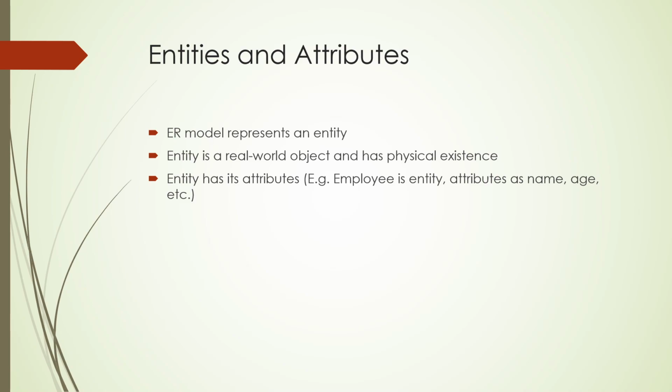Now, an entity can have a lot of attributes, right? So, what are those? Let me mention an example here, an employee, right? So here, employee is an entity, and the employee can have various other attributes, like the employee name, the employee age, the department to which the employee belongs.